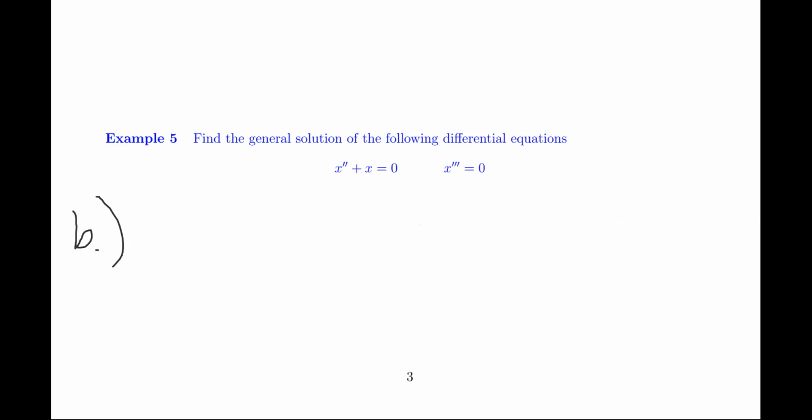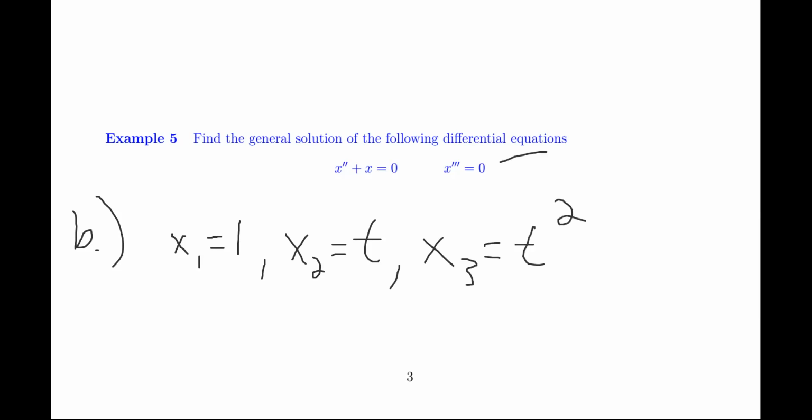So our second method for solution is to observe that x sub 1 equal to 1, x sub 2 equal to t, and x sub 3 equal to t squared all satisfy this linear differential equation.